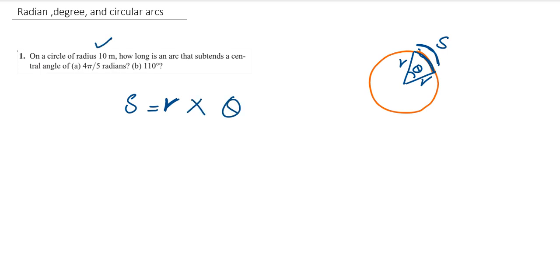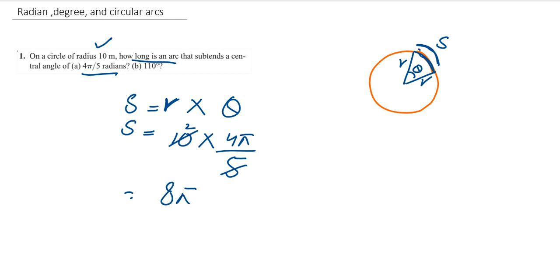We already have the radius and the angle, so we will find the arc length, eight pi. And as we have the radius in meters, we'll write the arc length also in meters.